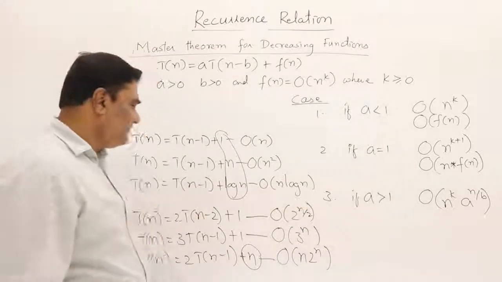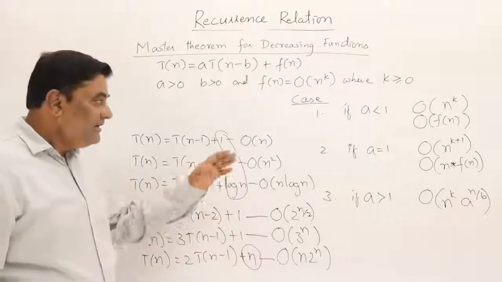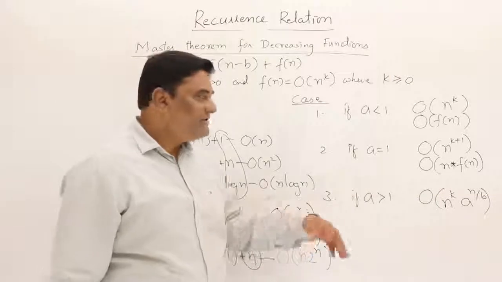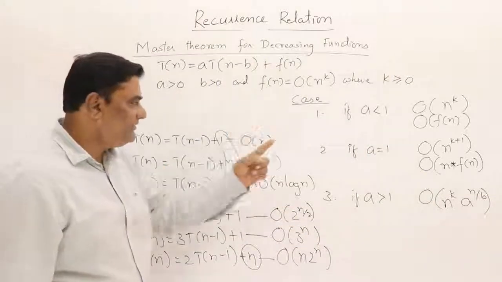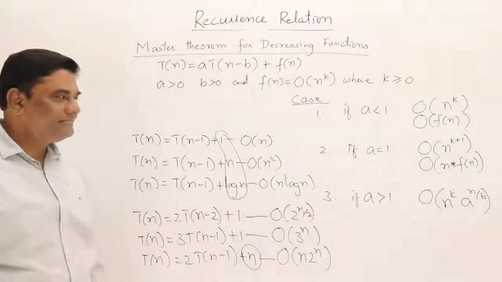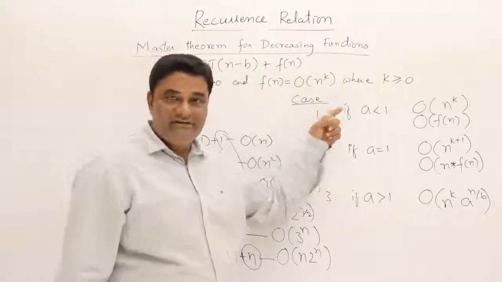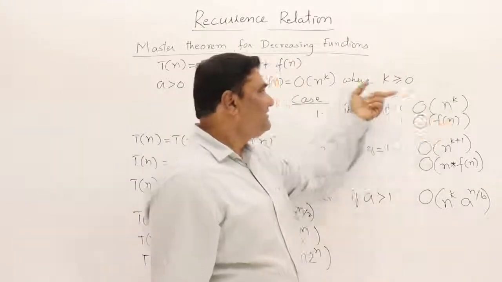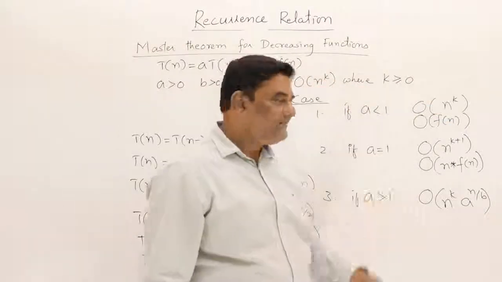I have explained from the examples, already we solved this. By putting these here, we have observed and written the theorem. Otherwise, first you can write the theorem and take the examples. Following that theorem, you can write the answers. Once again, if a is less than 1, same as f of n, let it be n power k.